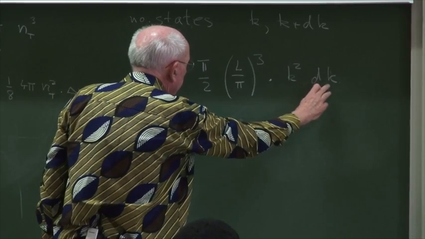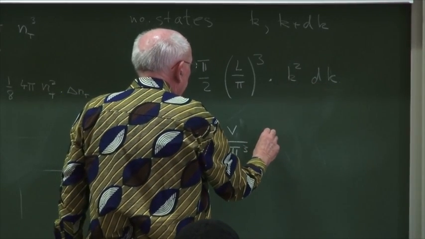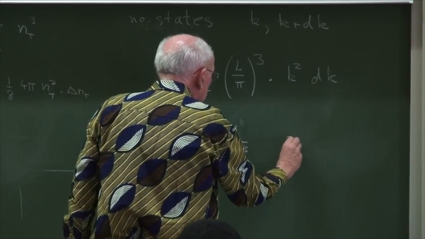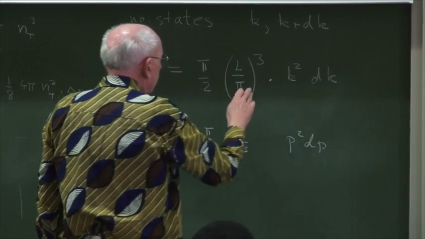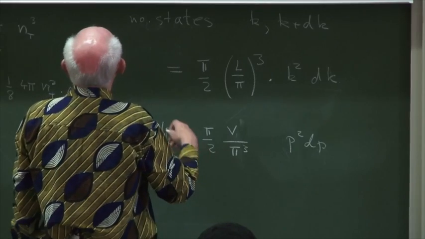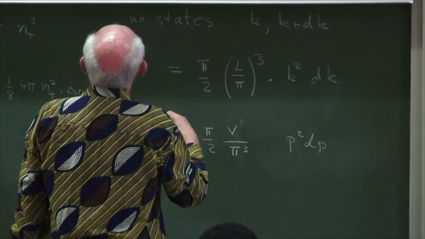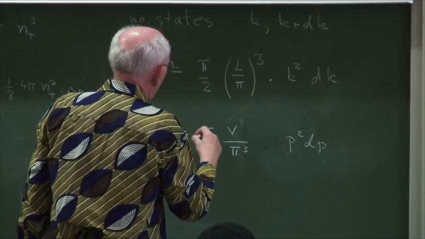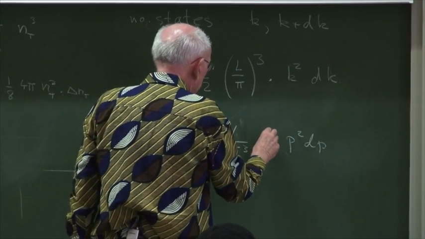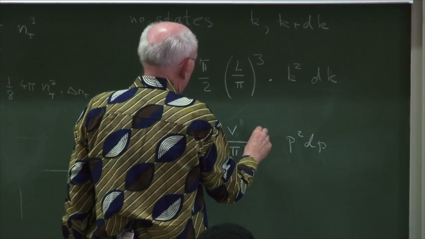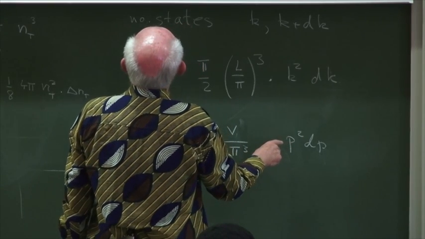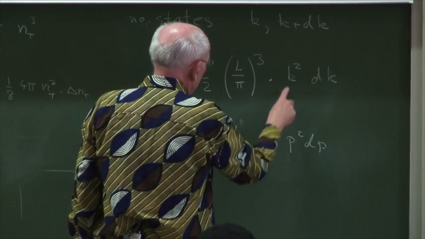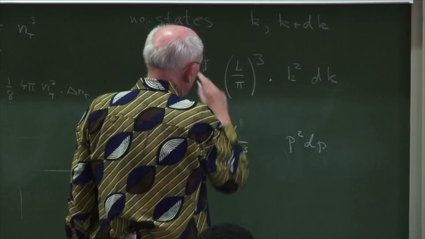And here I get p squared dp, but I have to put in h bar cubed. I have to divide by h bar cubed because I'm going from k to p.